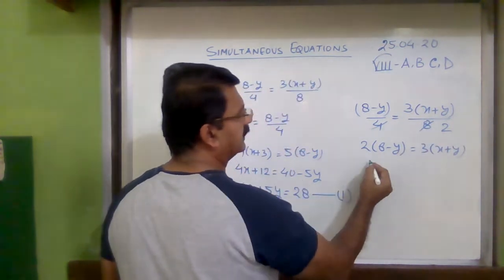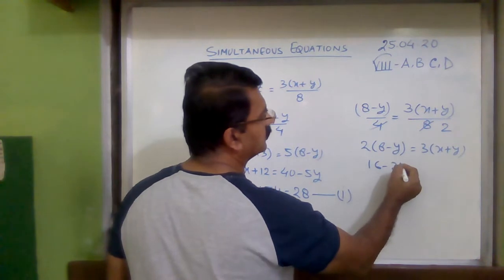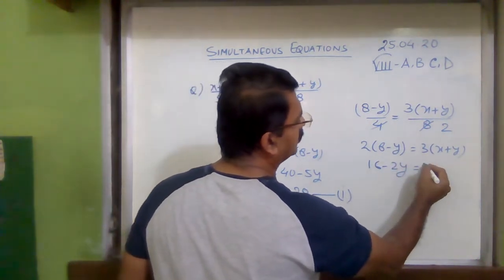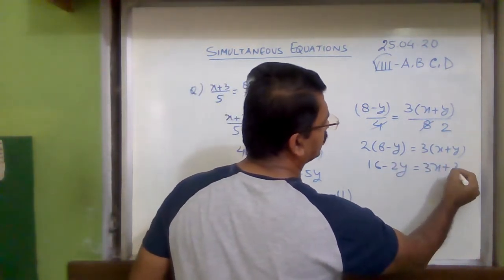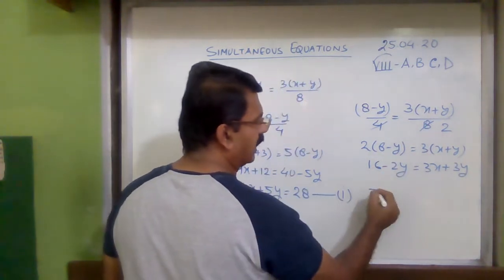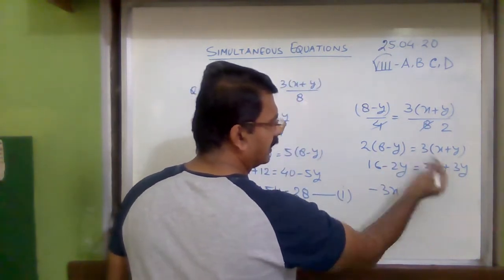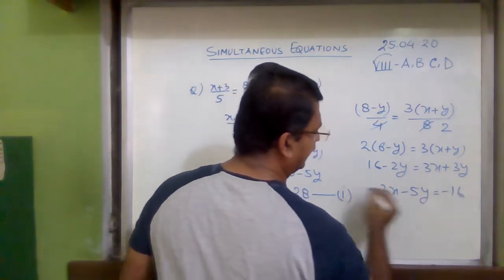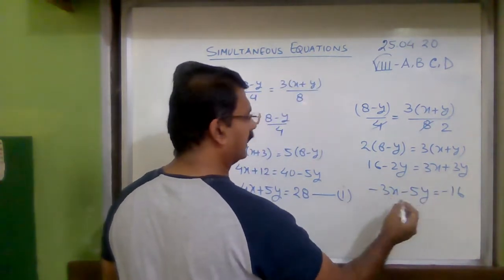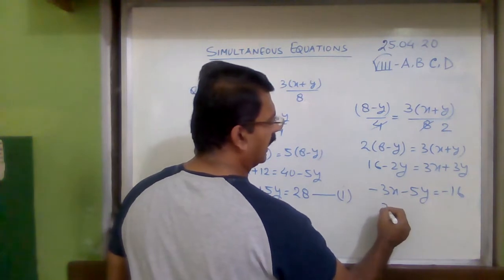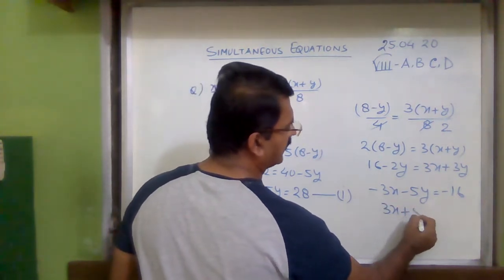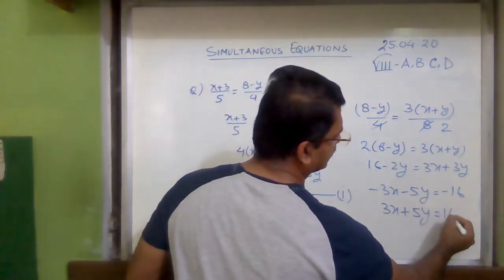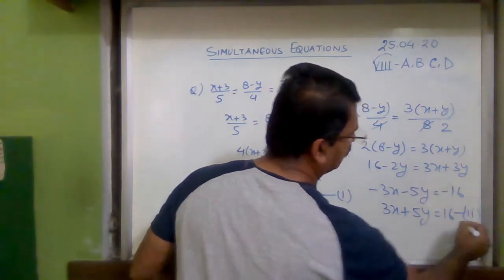Open the bracket: 16 minus 2y is equal to 3x plus 3y, or minus 3x minus 5y is equal to minus 16. Multiply the whole equation by a negative sign, so you have 3x plus 5y is equal to 16, and that is equation number 2.